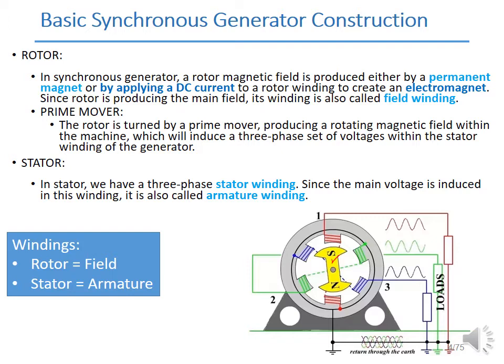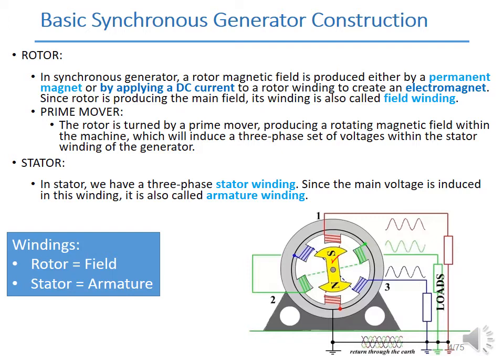Okay, and the other part of this generator is the stator. In the stator, we've got a 3-phase stator winding, and this winding is where the voltage will be in use, and this winding is also called the armature winding.